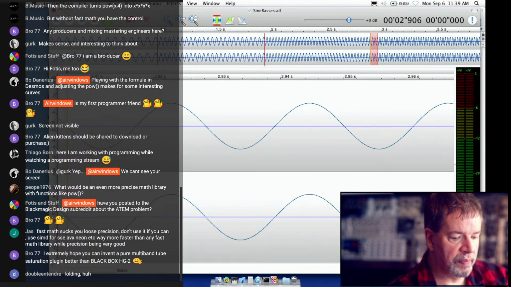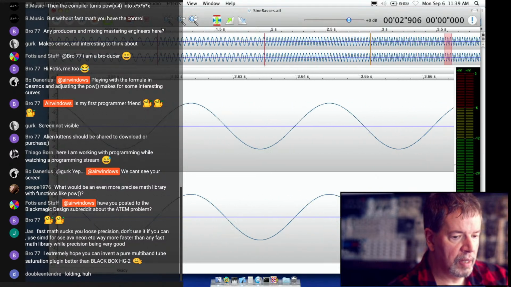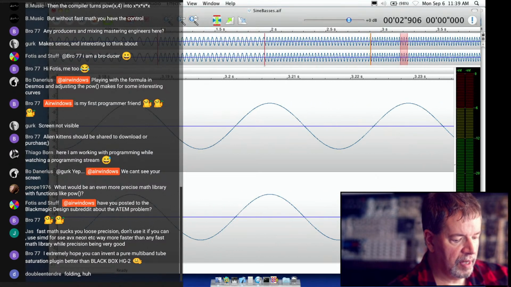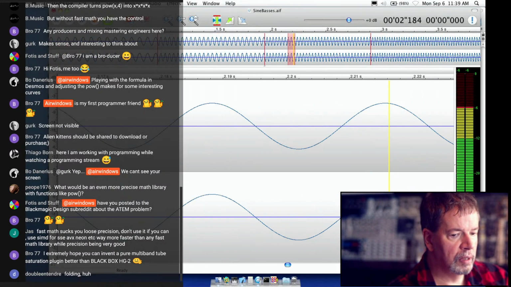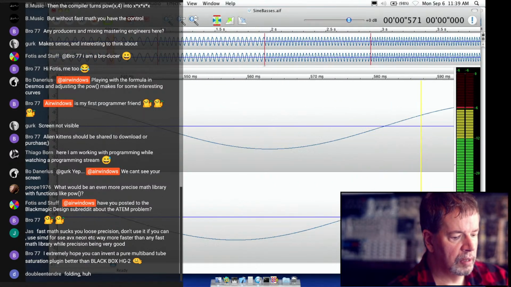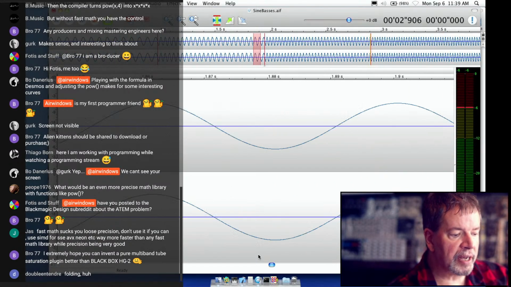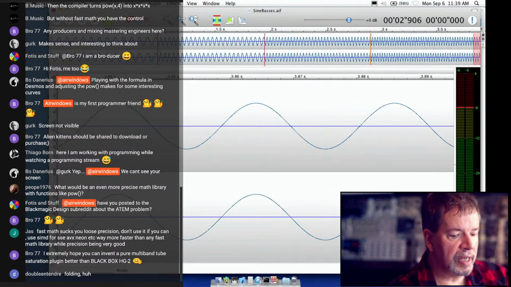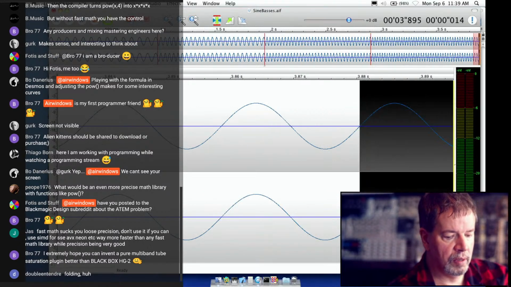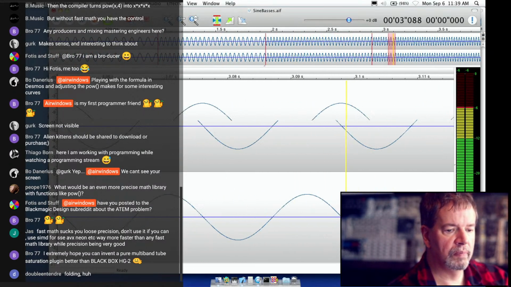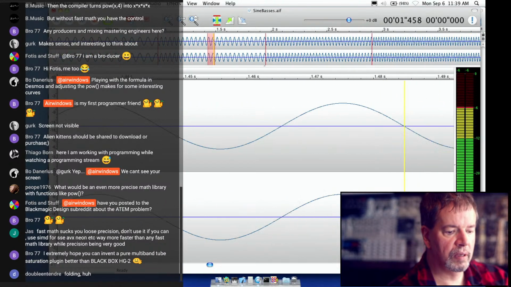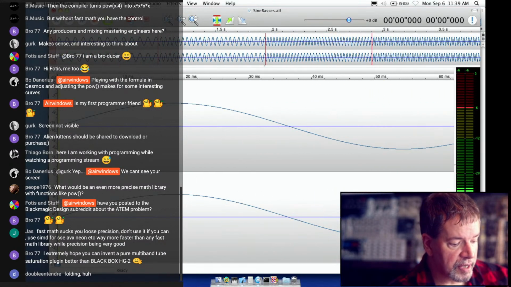That's nice. Now, and maybe I can even smooth the splice at the end. There, you see what I did? That's just editing this because the click is a bit annoying.